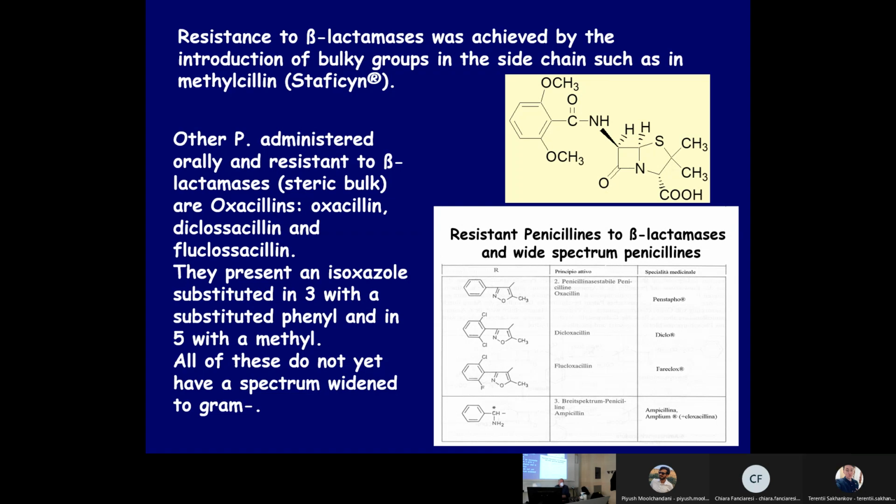I don't know. The resistance in bacteria appears during the time. And so it depends on the use of this type of antibiotics.